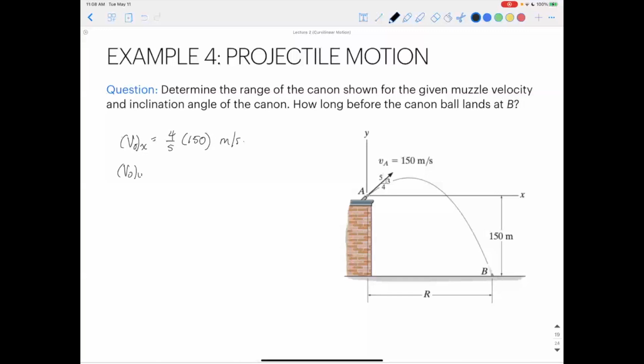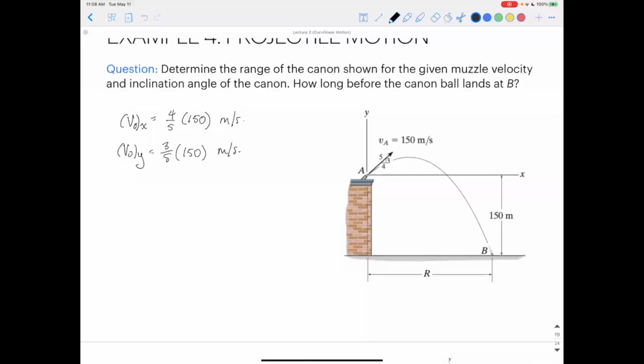We know v0y is going to be equal to 3/5 times 150 meters per second. And we know that if y0 is up here, we can write yB, or y down here, is equal to minus 150.